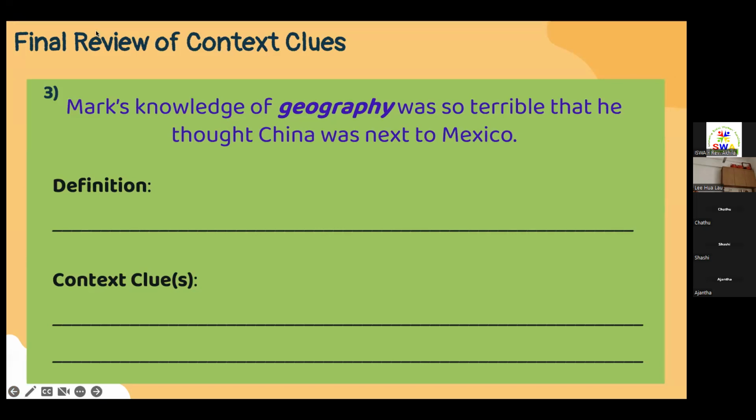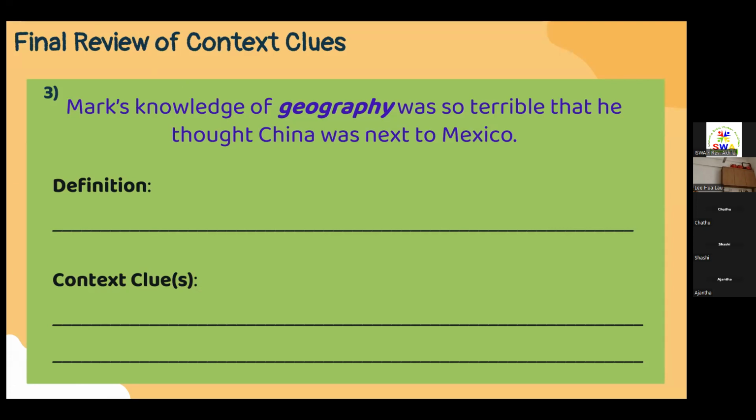About the country. Meaning of geography, science of earth. Science of Earth.